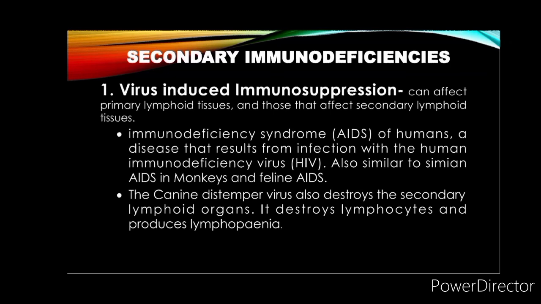It destroys lymphocytes and produces lymphopenia. The canine distemper virus depresses the production of interleukin-1 and interleukin-2, while it also stimulates prostaglandin release by macrophages. As a result, lymphocyte blastogenesis is depressed and immunoglobulin levels fall.